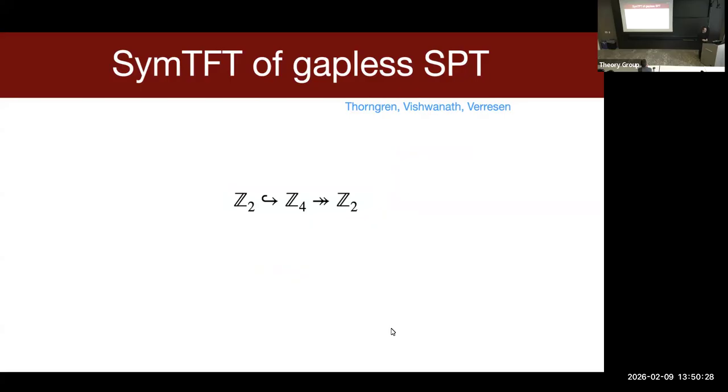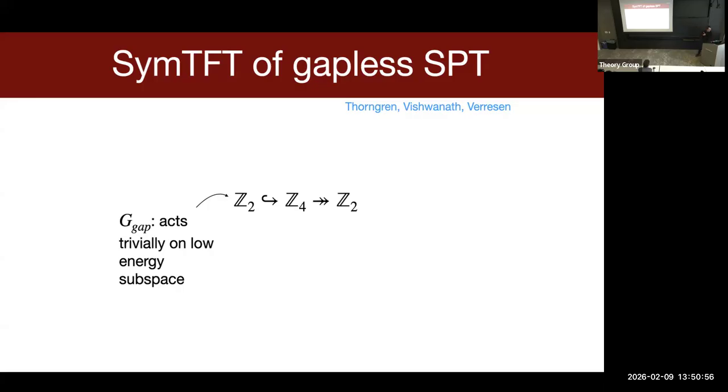Okay, so with the gapped story in place, let me move on to a particular kind of gapless phase called gapless SPTs, and let me describe their anatomy. Once again, I'm still in this one-dimensional spin chain setting, and now I'm imagining I have a Z4 symmetric spin chain.